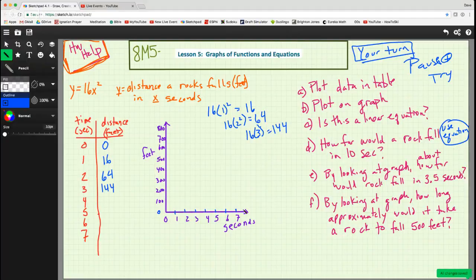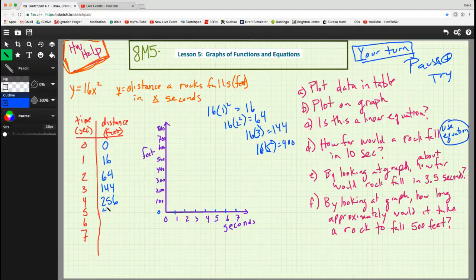And now we get 16 times 4 squared, and I need to go to my calculator to do this one. Oh, why did I need to do that one? I knew that one, 256. And now 16 times 5 squared, I'm pretty sure that's 400.